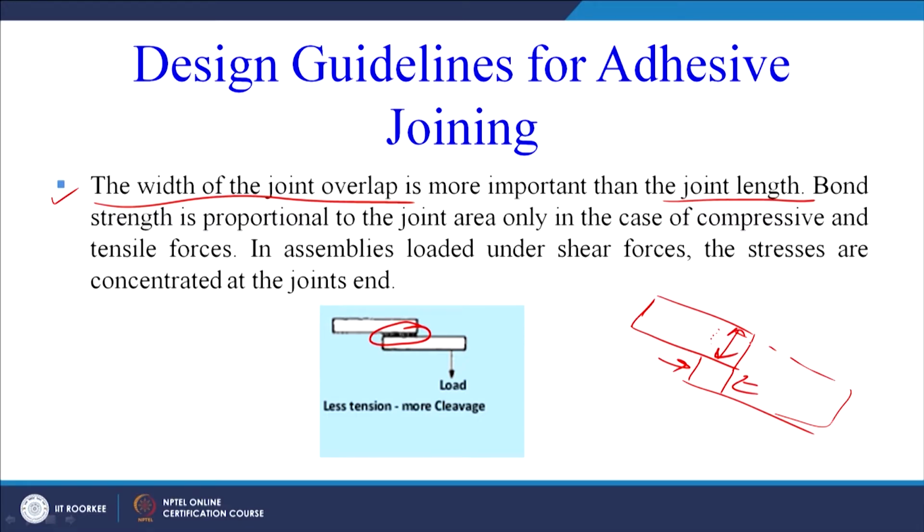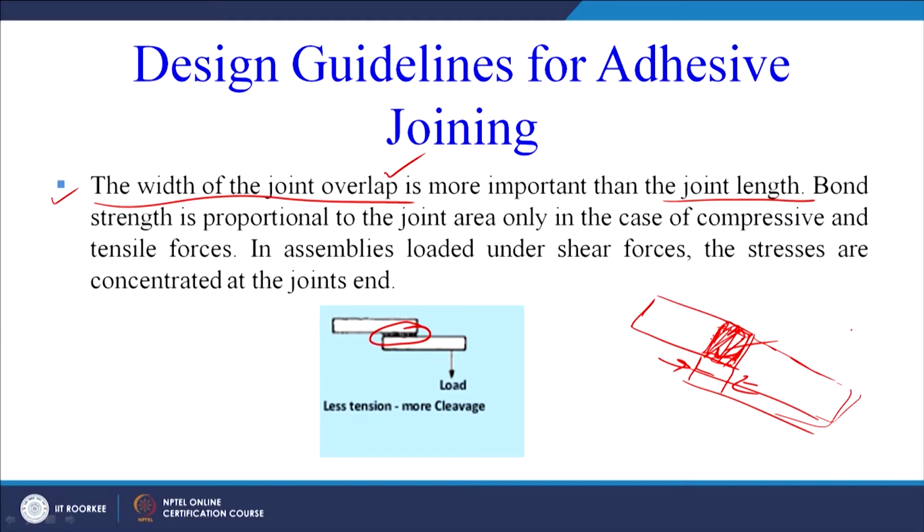As we have seen on the screen, the width of the joint overlap is more important than the joint length. Bond strength is proportional to the joint area only in the case of compressive and tensile forces. So this overlap area is going to affect the failure loads.